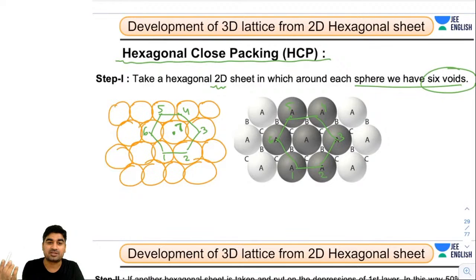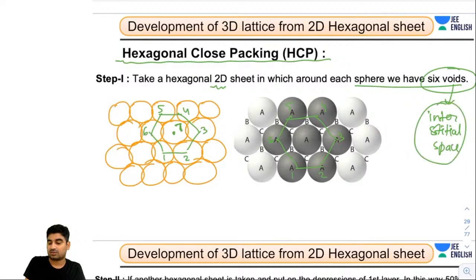Where are the 6 voids? Voids have one more name, that is called interstitial space. Note it down, because later in this chapter I will be discussing interstitial compound, interstitial defect, everything. So just note it down, interstitial space.